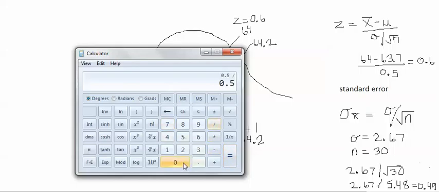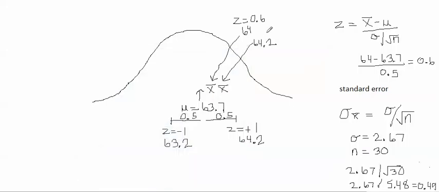It turns out that our second sample mean right here does have a z-score of exactly 1, because we got a sample mean that's one standard error above the population mean. Now, a sample mean below the population mean would have a negative z-score. Like I said, if we got 63.2, the z-score of our sample would be negative 1.